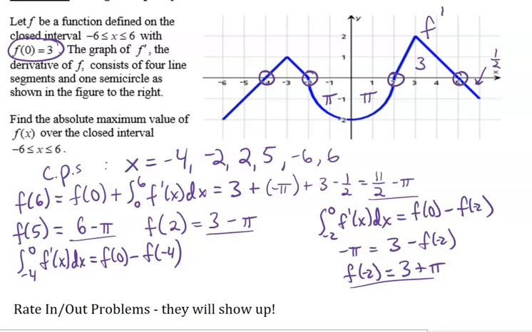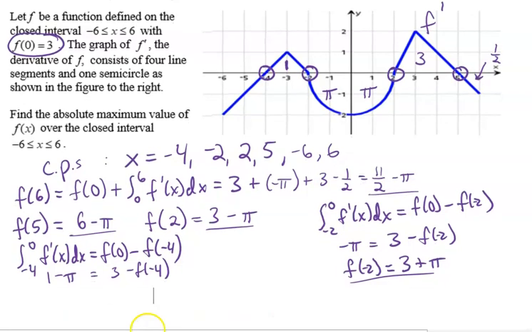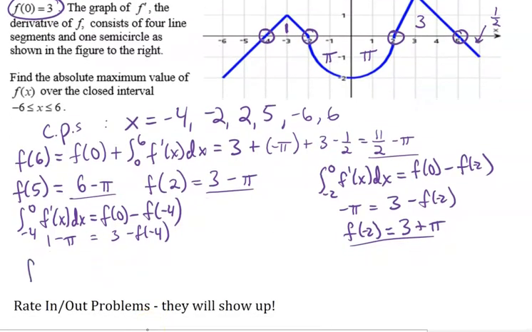Again, this is a 3. The integral from negative 4 to 0 is, well, I've got an area of 1 on this little triangle, but then minus pi. So I have 1 minus pi. So f of negative 4 equals 3 minus 1, so 2 plus pi, okay?